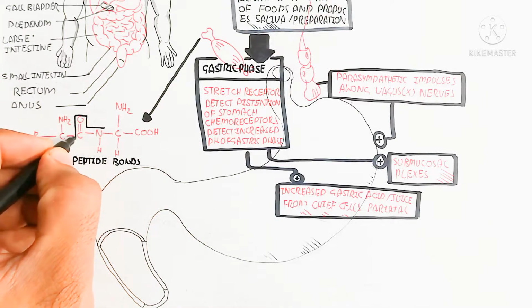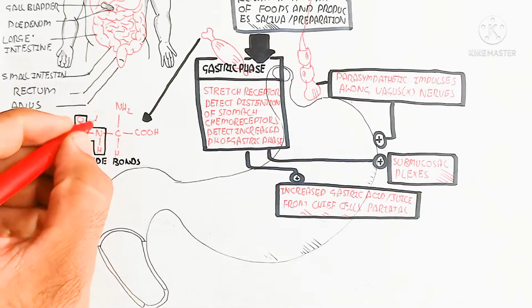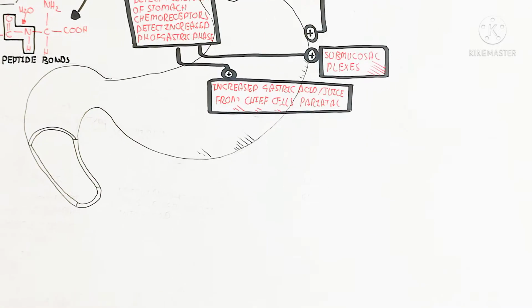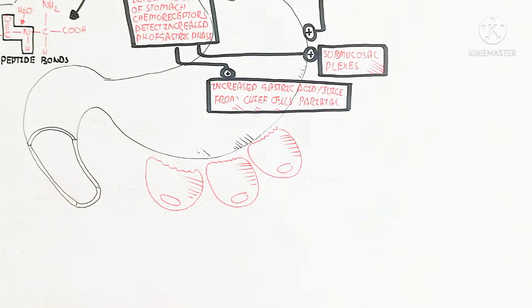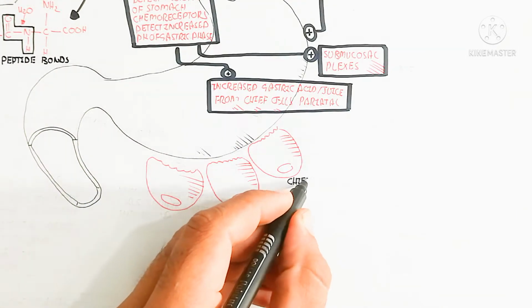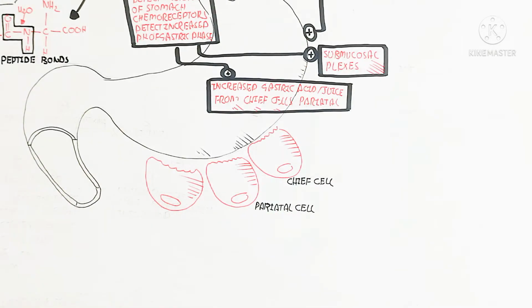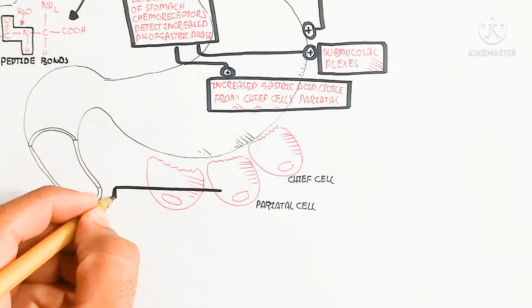This contains an amino acid sequence linked by the peptide bond. The CN bond is the peptide bond, which can be hydrolyzed to produce the free amino acids. So here are the chief cell, parietal cell and enteroendocrine cell, also known as the G cell.